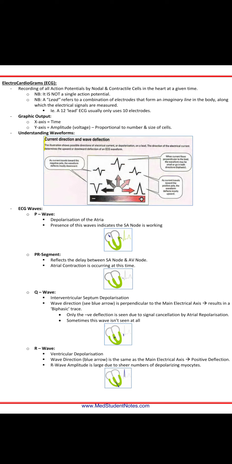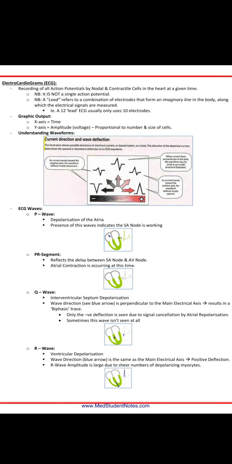The electrical signals are detected or measured by these electrodes. A total lead ECG usually uses 10 electrodes.